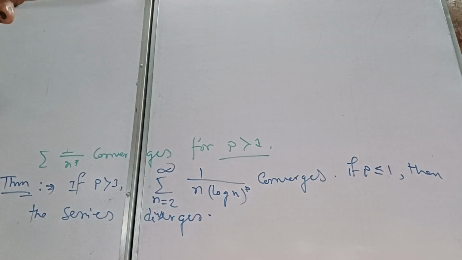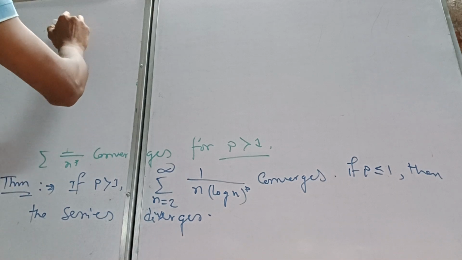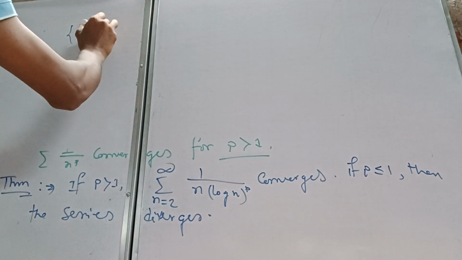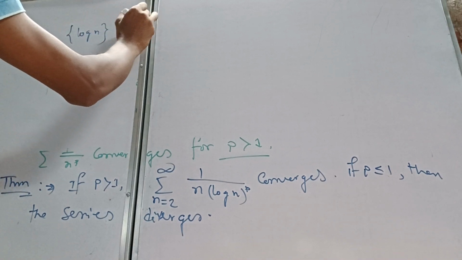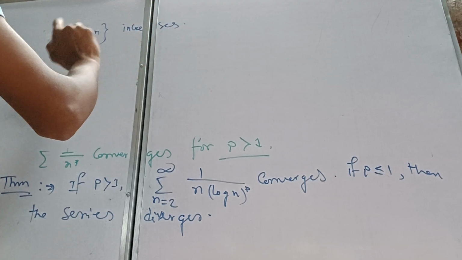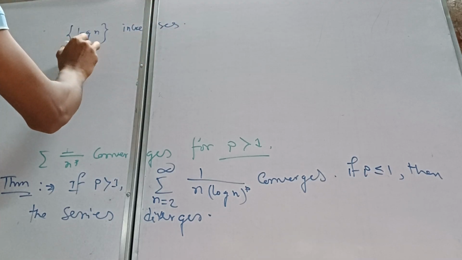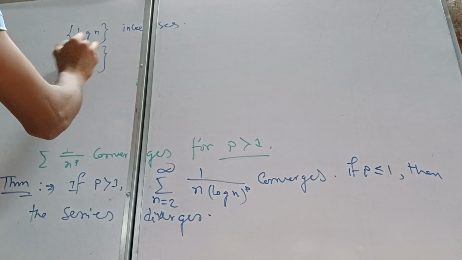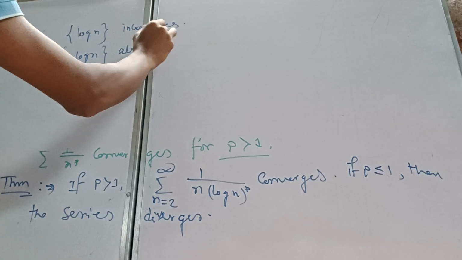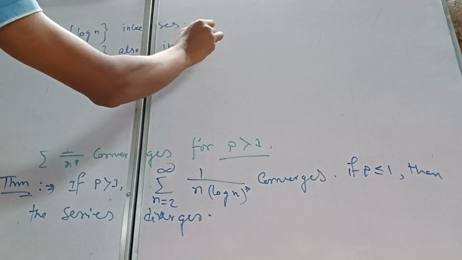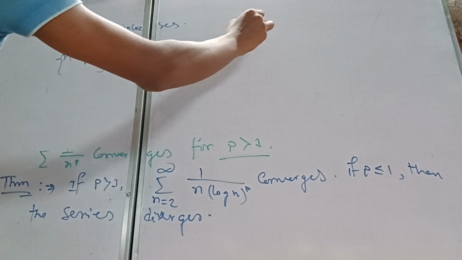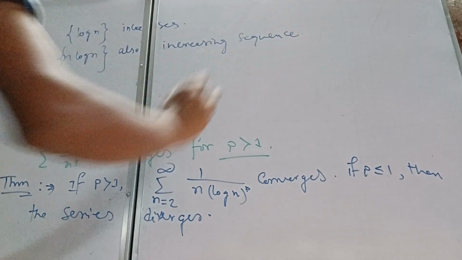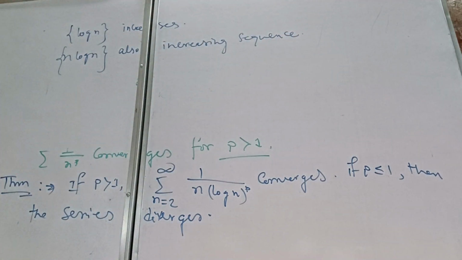Now the monotonicity of the logarithm function implies that log n increases. So n log n is also an increasing sequence. Now what happened here?